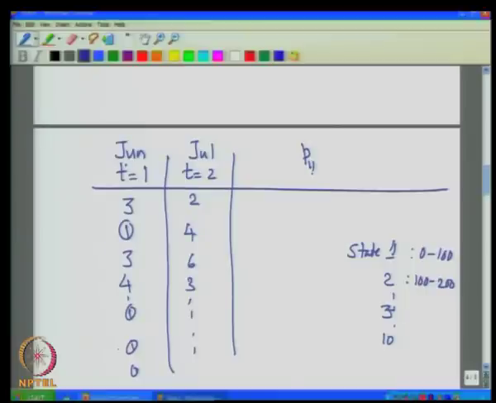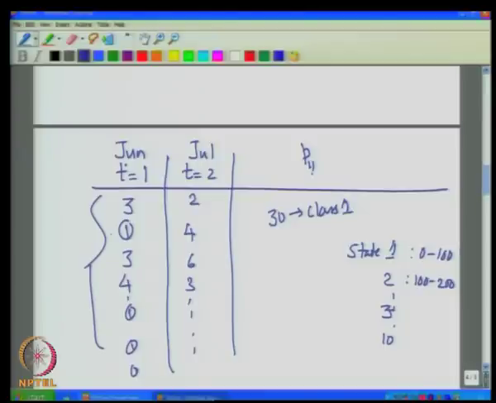Let us say out of 50 times, it went into class interval 1 about 30 times. So, in June month, it was in state 1 30 number of times out of the total of 50 times.